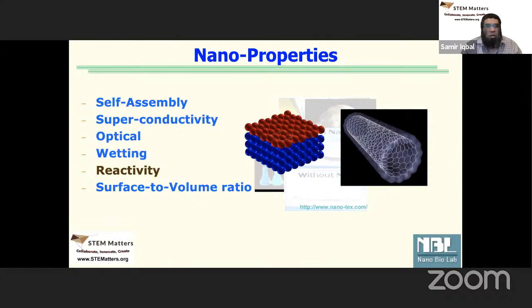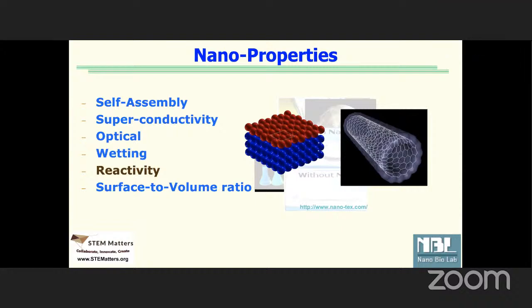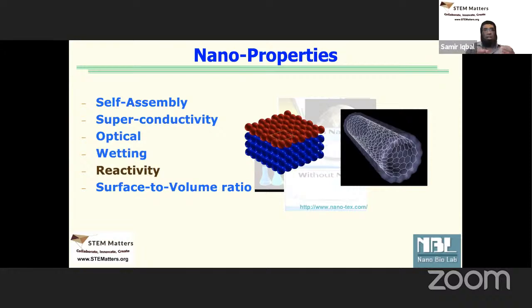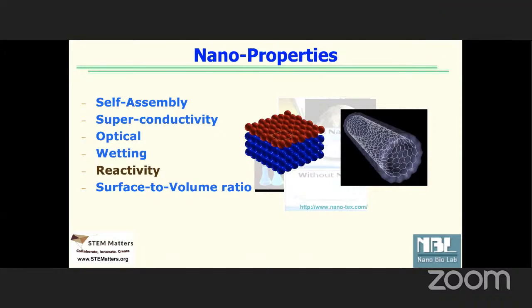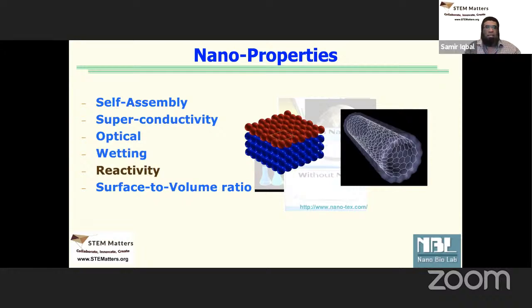Which one is going to dissolve first? The powder. That's reactivity. If we cut things down into smaller pieces, they react much faster. They would dissolve much faster, and if there is a chemical reaction we want to do, they would react much faster.